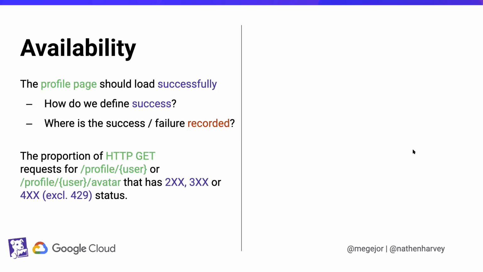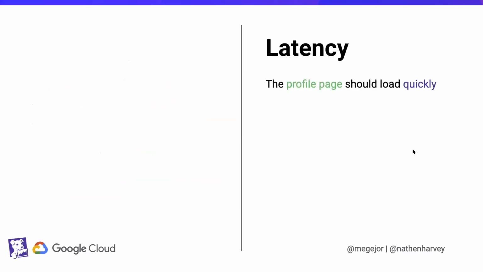So we can exclude those, or we can say that those were good requests, whatever. But the important bit here is that we've taken the time to go from the profile page should load successfully, and we've refined this SLI a number of times to get to a place where we can actually set up an objective measure around what this availability looks like.